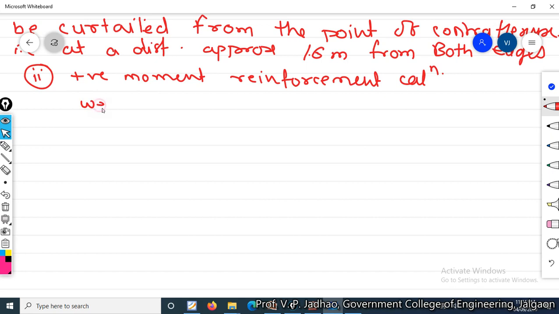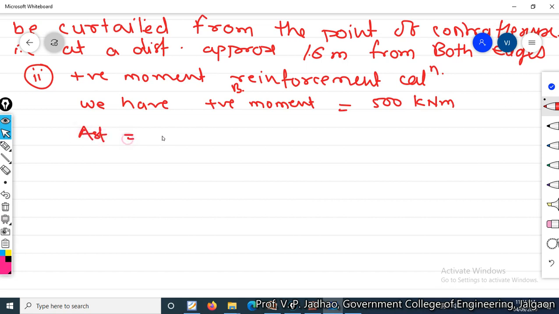Now we have the maximum positive moment, or bending moment, equal to 500 kilonewton meter.